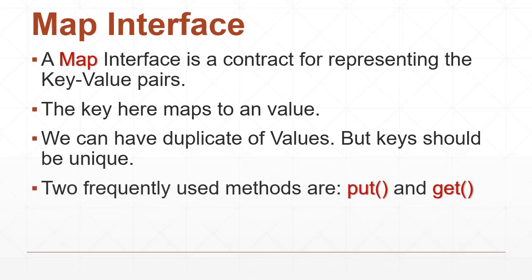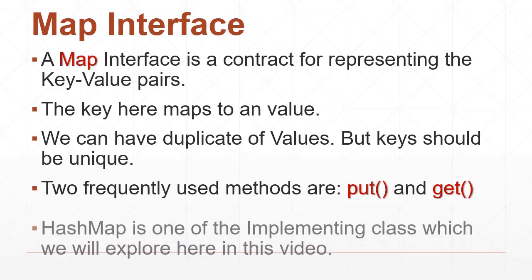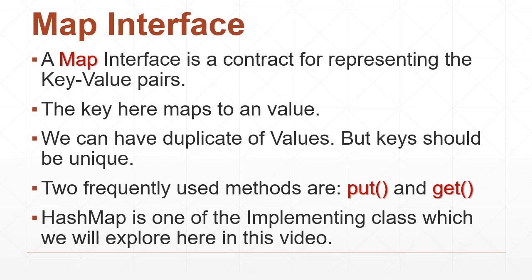The very frequently used methods are put and get. With the put method, you can add elements to the underlying class. Using the get method, you can retrieve an element which is already added. HashMap is one of the implementing classes which we will explore in this video.